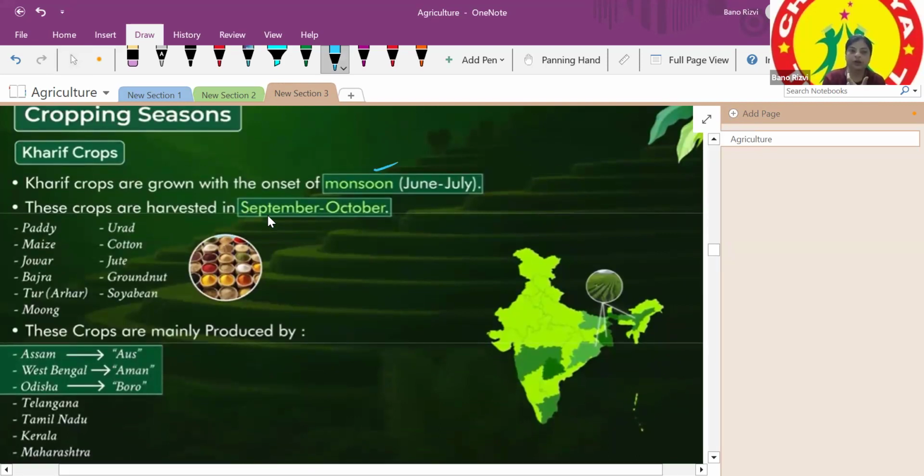In Assam or West Bengal it is called Aman, and in Odisha it is called Boro. So in here you can see in the map.